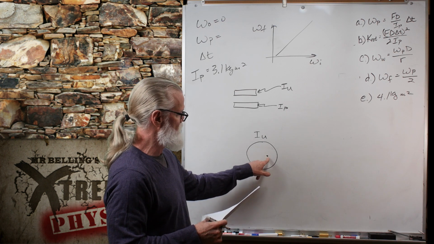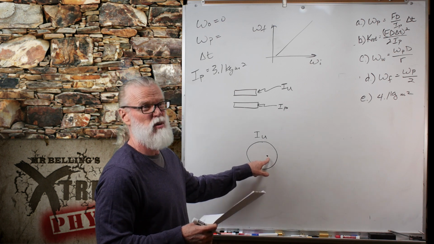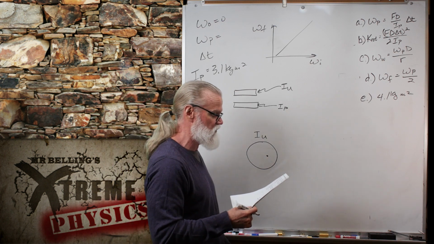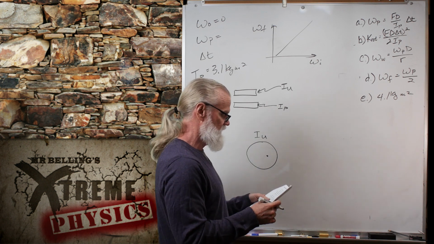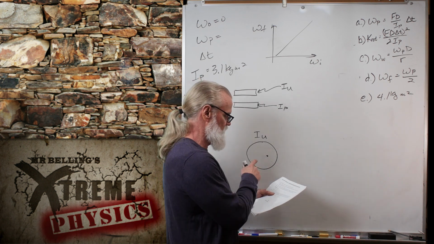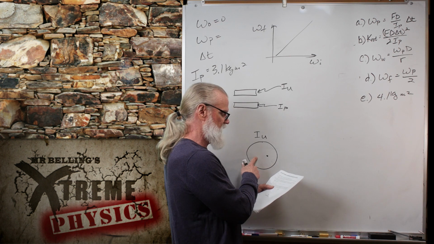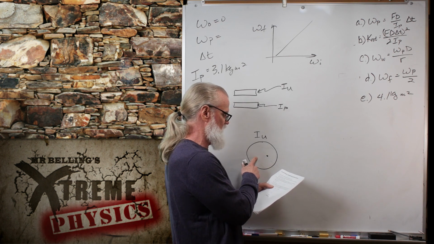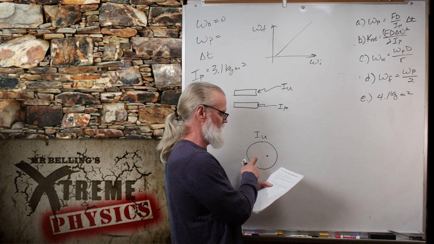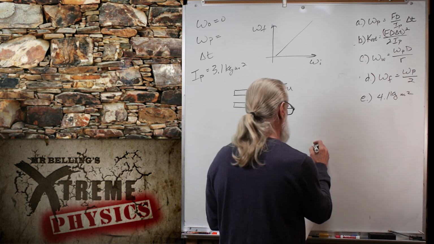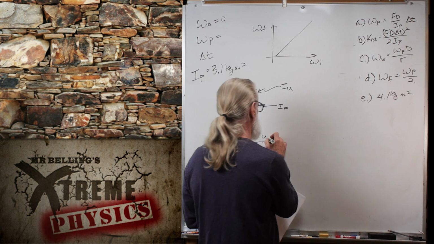We actually measured the moment of inertia about this point, not the center, even though we thought it was the center. Is the experimental value of this greater than, less than, or equal to the actual value of the unknown object about a vertical axis passing through its center? So this would be the experimental.